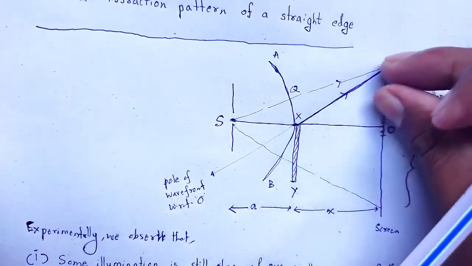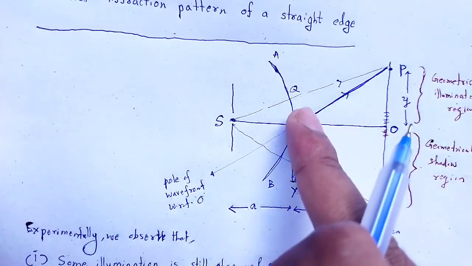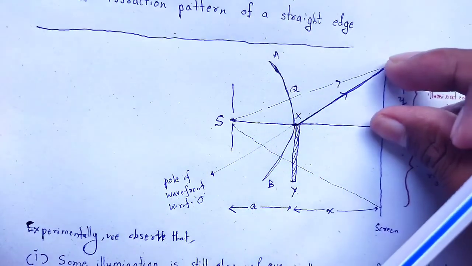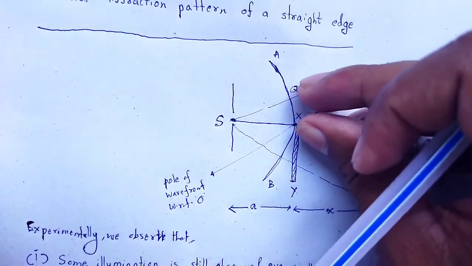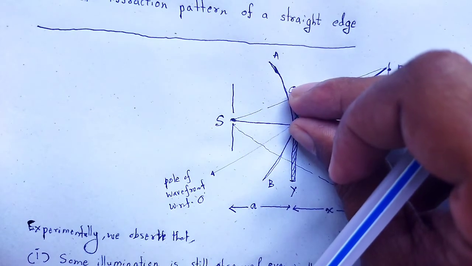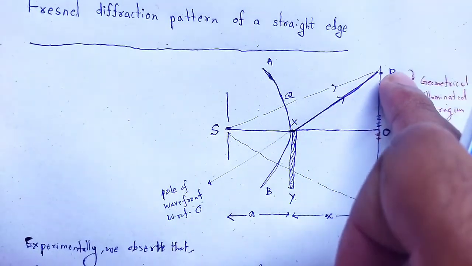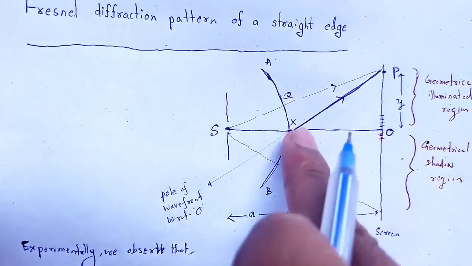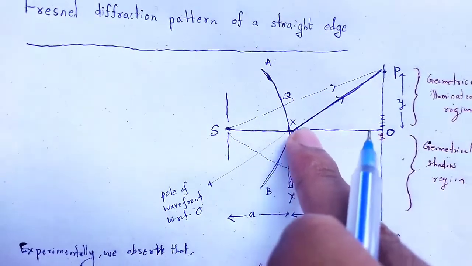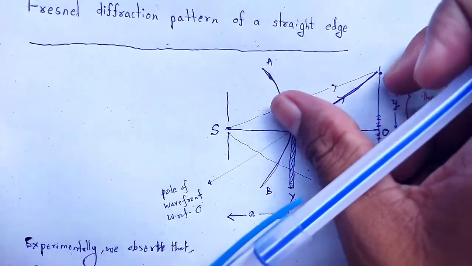What will be the number of half period zones inside this region due to that particular wavefront decides the intensity at point P. So the path difference between these two rays we calculate as XP minus QP.